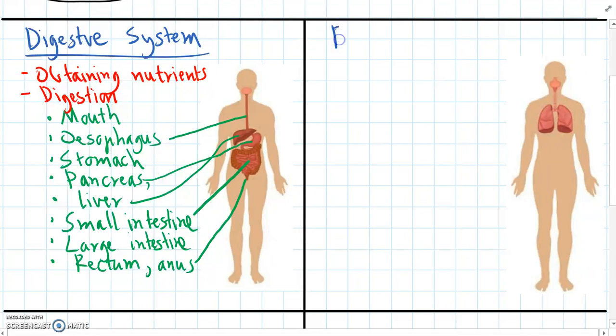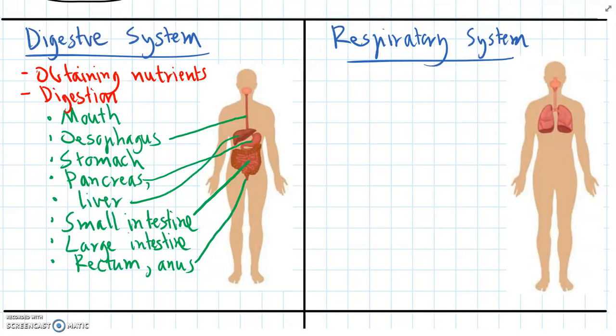The next system we'll look at here is the respiratory system. This is the system that lets us take in oxygen and get rid of carbon dioxide. So its function we call gas exchange. The gas that we need, oxygen, comes in and the carbon dioxide goes out.